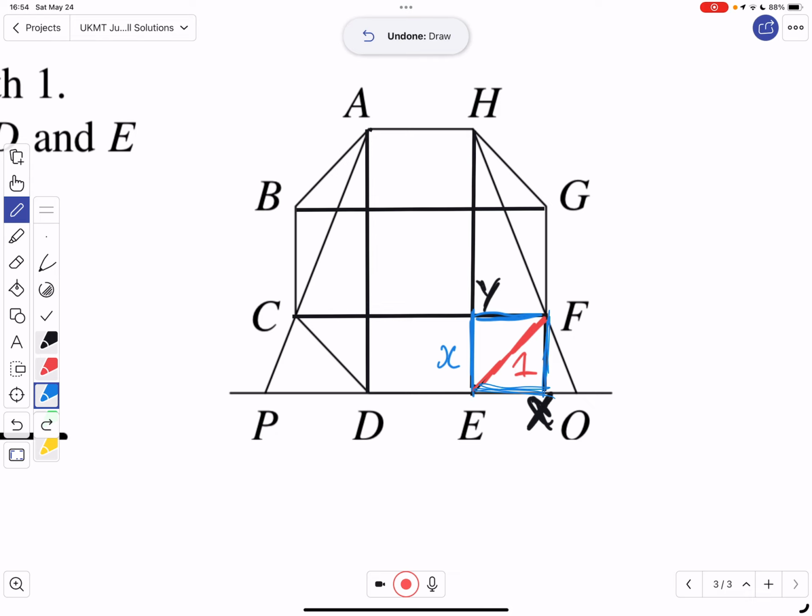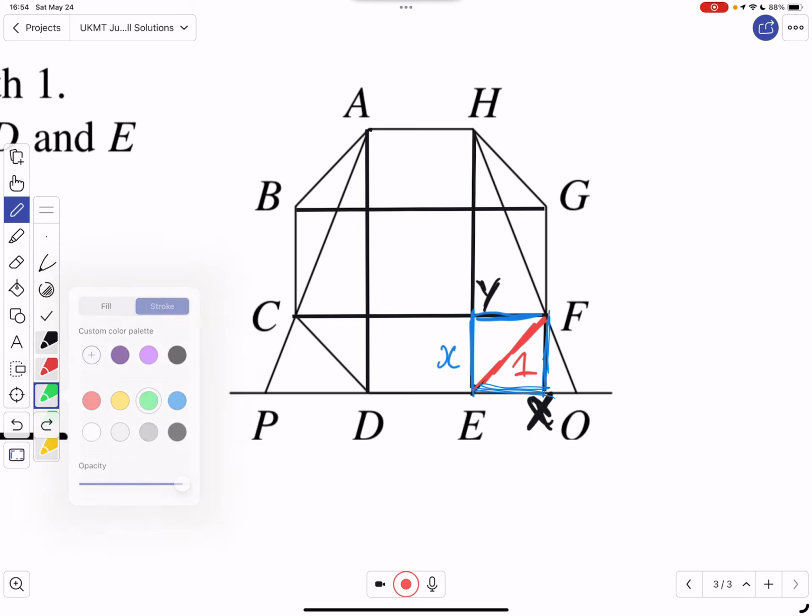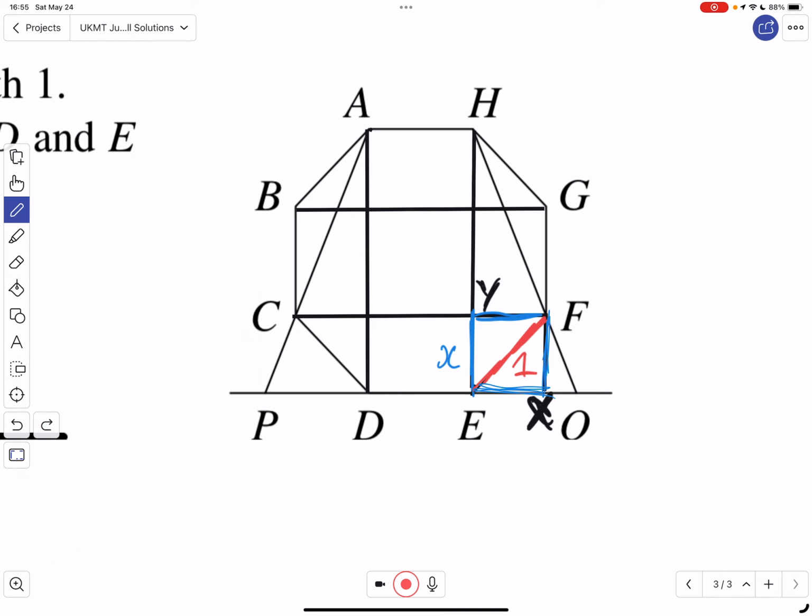So triangle EYF is congruent to triangle EXF. We can also notice that this triangle over here, HYF, is similar to triangle FXO.